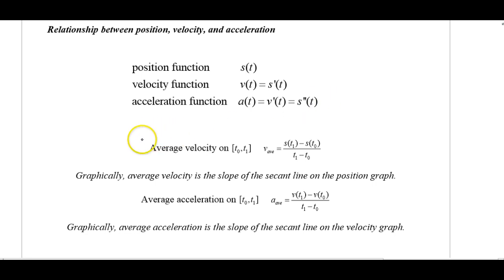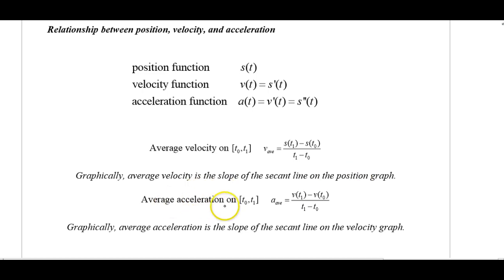And some other questions that might be asked involving velocity and acceleration are for average velocity or average acceleration. So to find average velocity on the time interval from t0 to t1, average velocity is the change in position, so the previous function, over the change in time. So average velocity graphically is the slope of the secant line on the position graph.